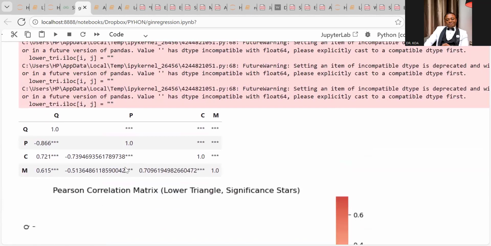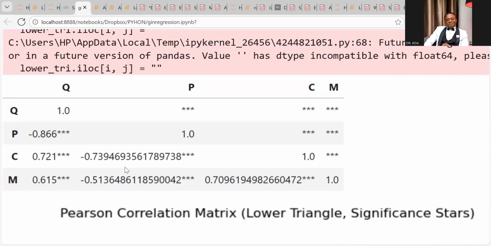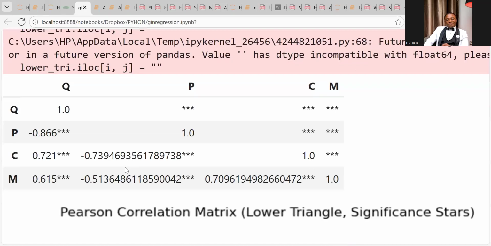So you can see this here. In the table here, you can see it better. The correlation there. So which first pair is highly correlated perfectly?